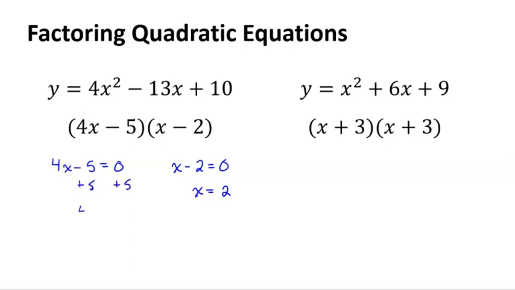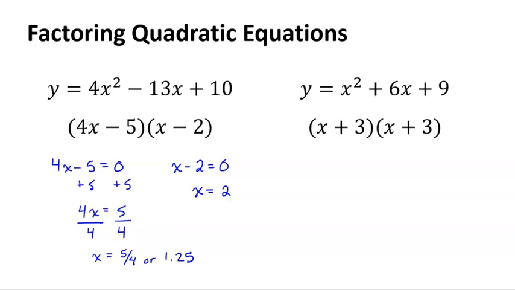That would give me 4x equals 5, and then to get x by itself we would divide by 4, and I get x is equal to 5 over 4, or 1.25. In Algebra 1, you probably won't see ones like this. They may ask you to factor something that looks like this, but they wouldn't necessarily give it to you in a problem asking you about factoring and solving for quadratic equations and actually finding the solution.